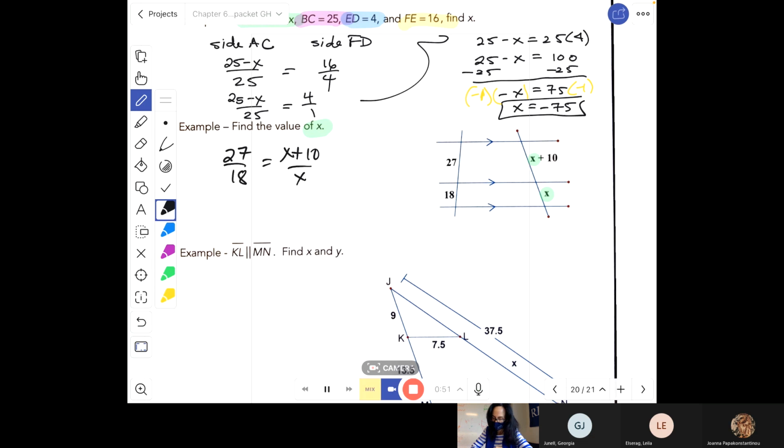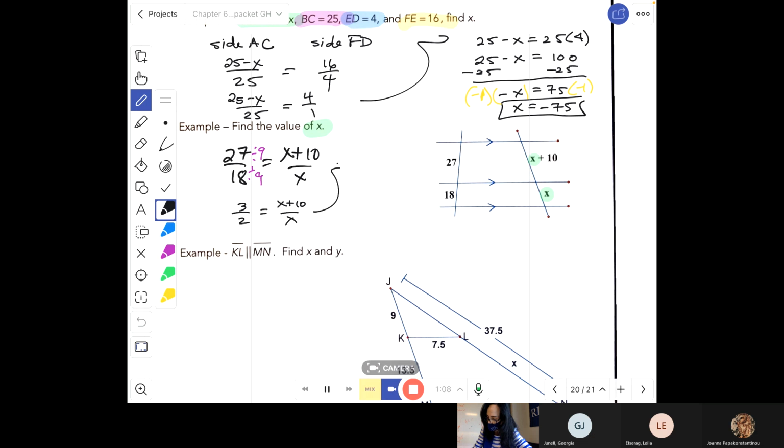I love it. Okay, what are we dividing the left-hand side by to reduce it? Okay, what does that reduce to then? 3 over 2 equals x plus 10 over x.